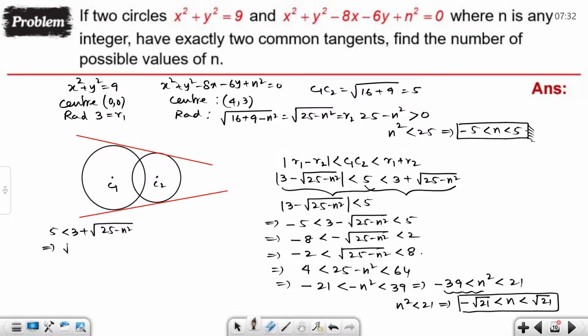So from here we are getting root over of 25 minus n square is greater than 2. So if I square both sides, we are getting n square is less than 21. Again, we are getting the same answer.